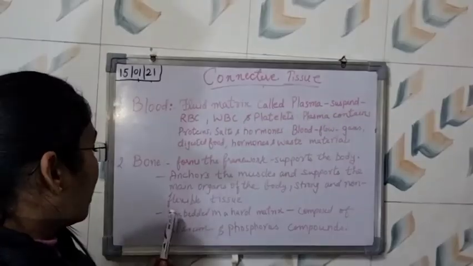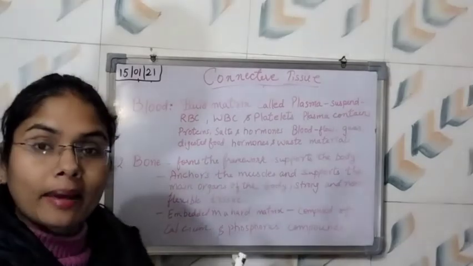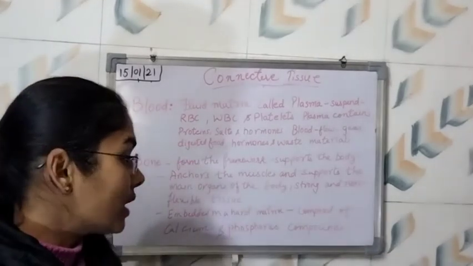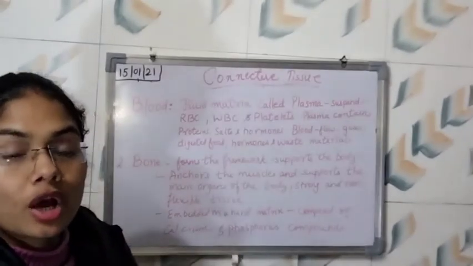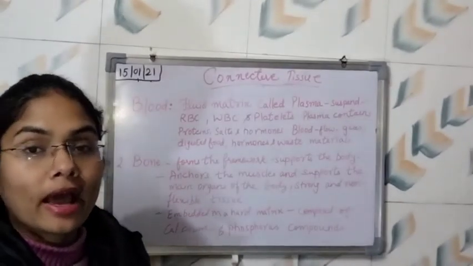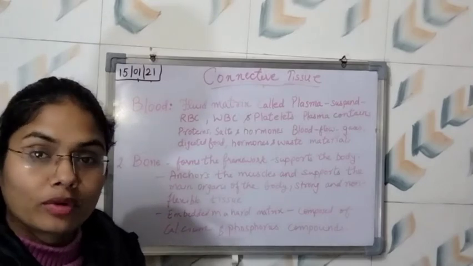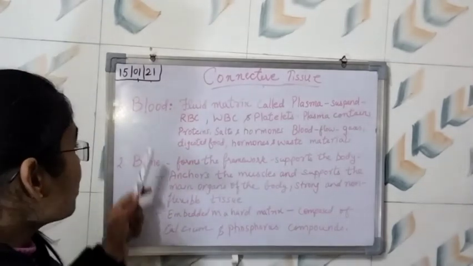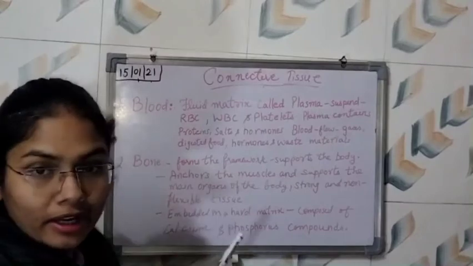So this bone is embedded in a hard matrix, and this hard matrix is composed of calcium and phosphorus compounds. Okay, students, so this is about blood and bone connective tissue.